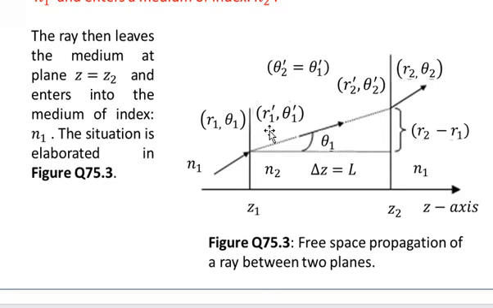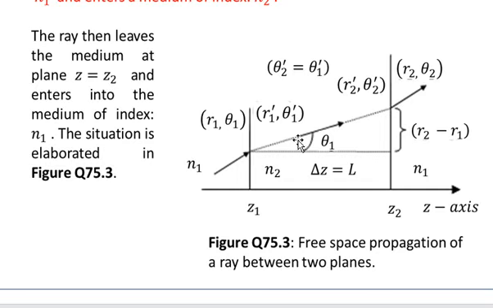The value of R1 prime will be the same as R1, but θ1 prime will be different from θ1. I have shown an angle inside this region, but this is not θ1, it is actually θ1 prime. So we have R1 prime equal to R1, and θ1 prime will be connected to θ1 through Snell's law.